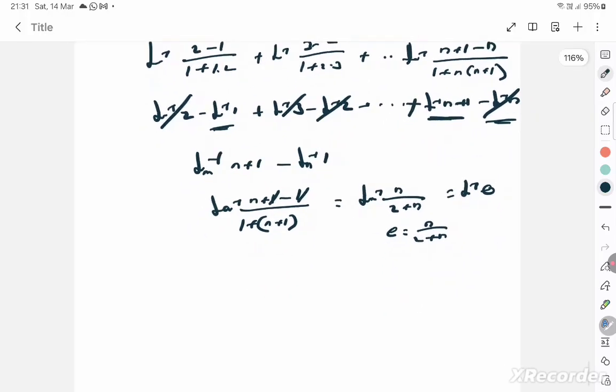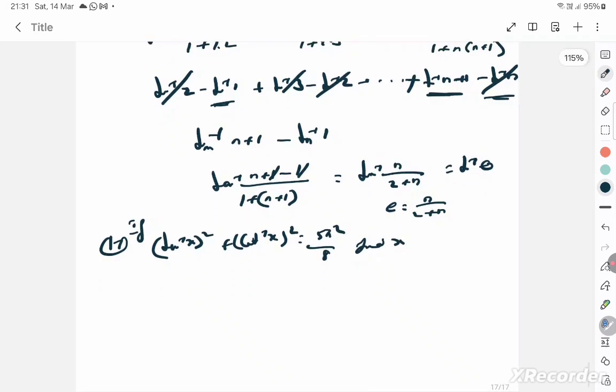So let's go to the next question. The next question is the 17th question in the test paper, which is something that we have discussed in the class. Tan inverse of x the whole square plus cot inverse of x the whole square is 5 pi square by 8. Find x. So it's like a square plus b square, which is a plus b the whole square minus 2ab.